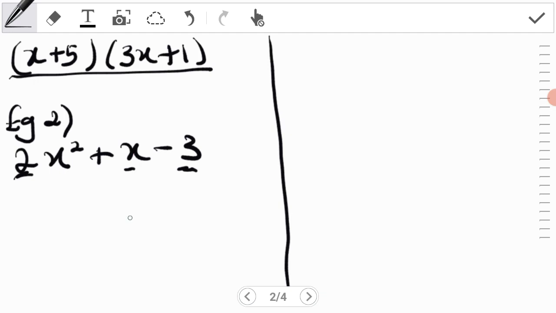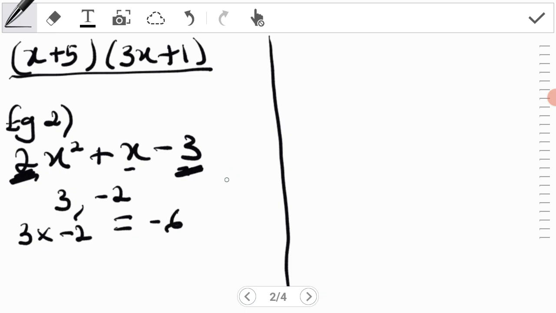We realize that it is 3 and negative 2. If we multiply 3 by negative 2, it will give us the same value as when we multiply this 2 and this negative 3, which is negative 6.